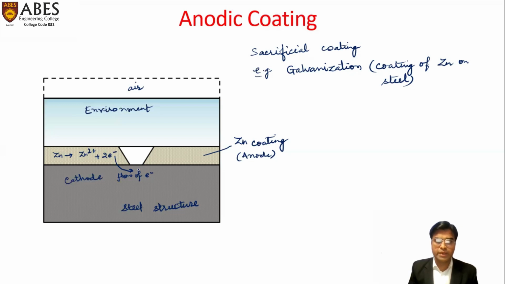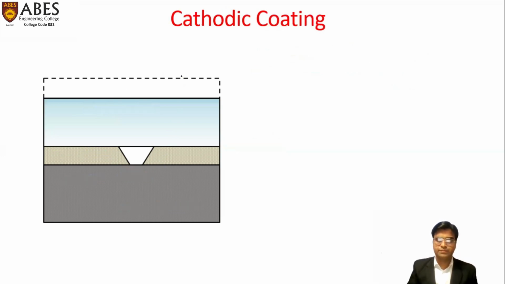It will remain protected till there is any piece or any part of the zinc coating available on its surface. Now we shall discuss the other type, that is cathodic coating. This may also be called noble coating.